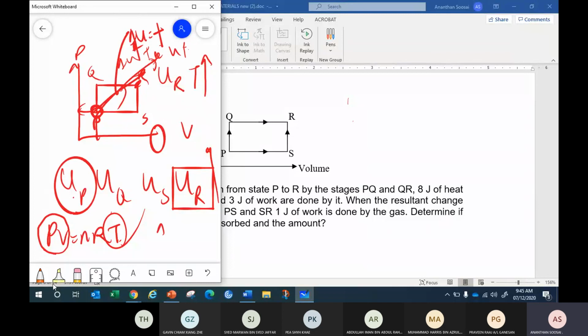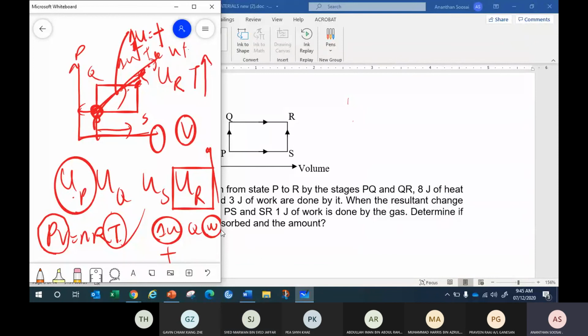So in the box just now, change of U equals Q plus W. You can already predict that the change of U is going to be positive when you go from P to R. And for work, P to R, is work positive or negative? Do you expand or compress? Your volume increases, right? You see your x-axis, volume.